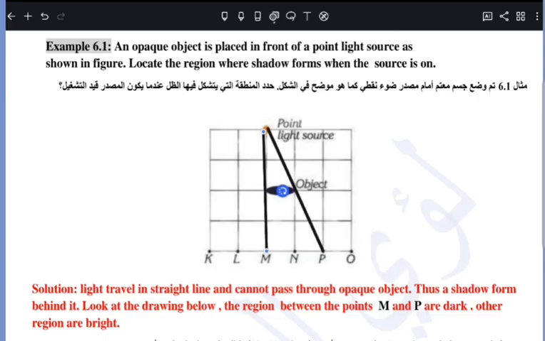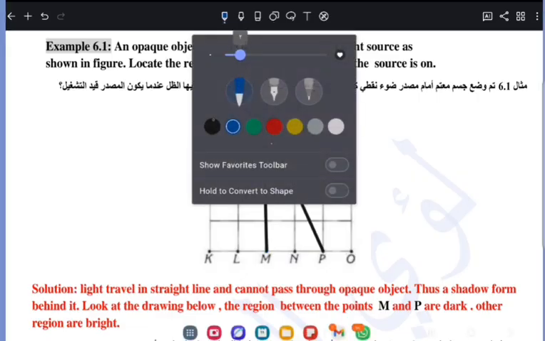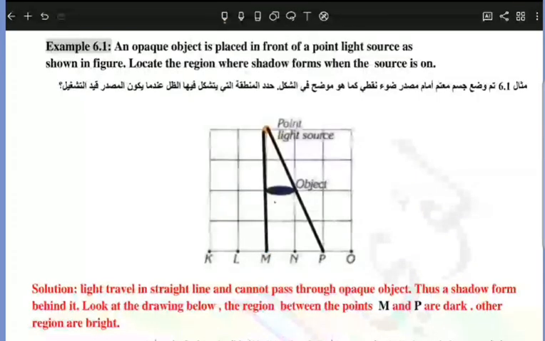The region between M and P is considered the umbra, or complete shadow. It becomes behind the opaque object.